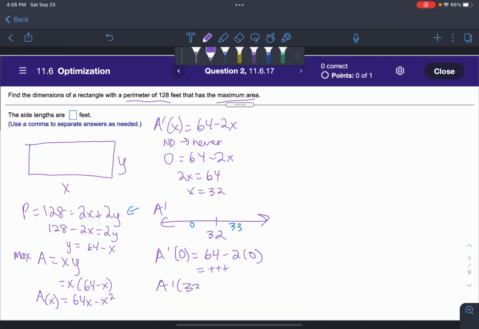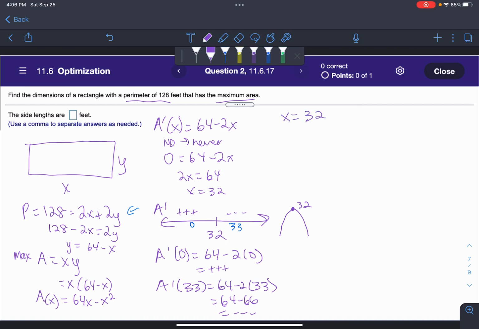Then if I plug in 33, I get 64 minus 2 times 33, so that will be 64 minus 66, which is a negative number. So that means around 32, we're increasing before, decreasing after. So 32 is a local max. So we definitely have x equals 32.